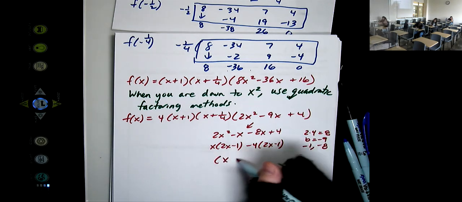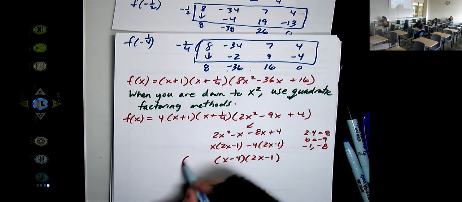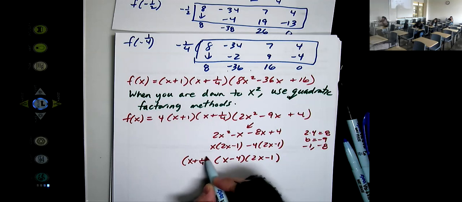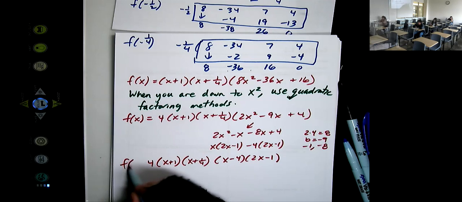And that part factors into x minus 4, 2x minus 1. And I still have the x plus 1/4, I still have the x plus 1, and I still have a 4.